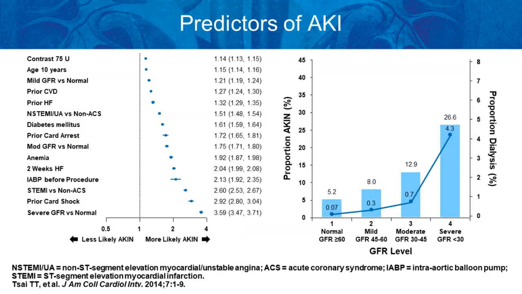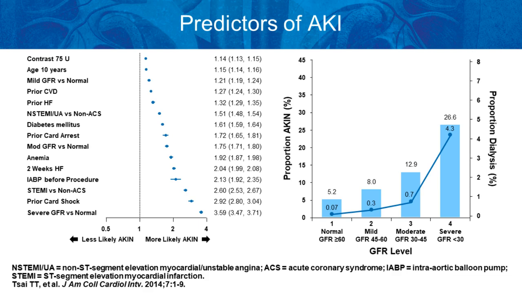What are the predictors of acute kidney injury after percutaneous coronary intervention? The amount of contrast used, anything more than 75 units, was an independent predictor of acute kidney injury. The patient's age and underlying comorbidities, such as pre-existing heart failure or diabetes, certainly increase the risk of AKI.